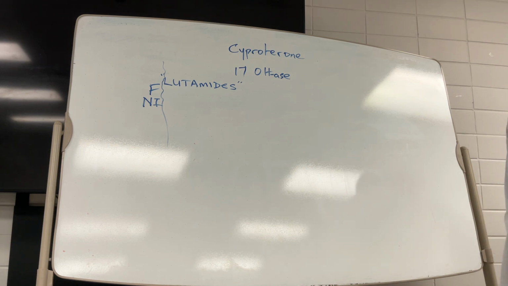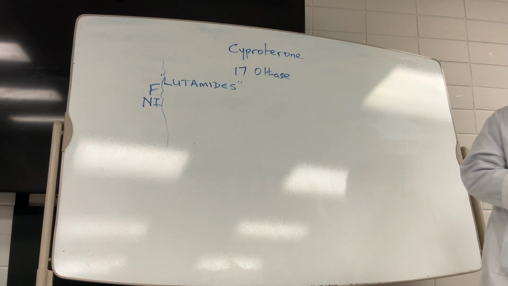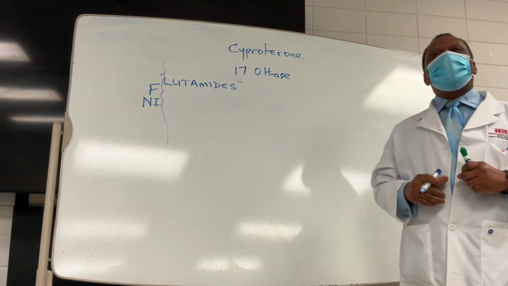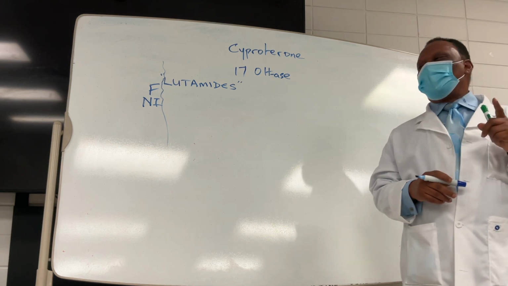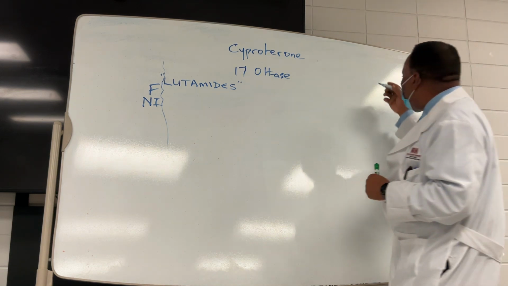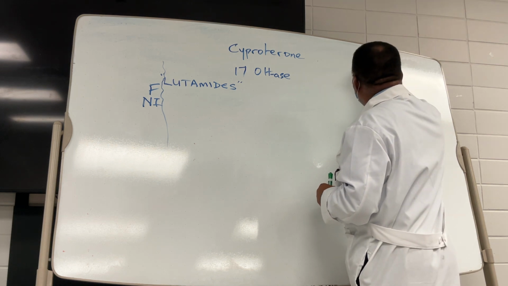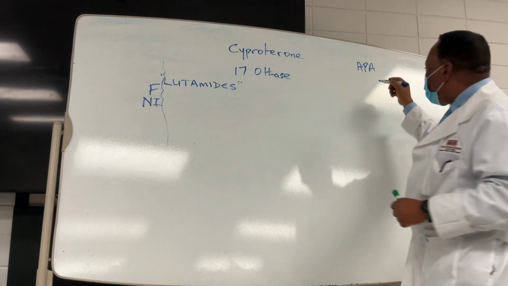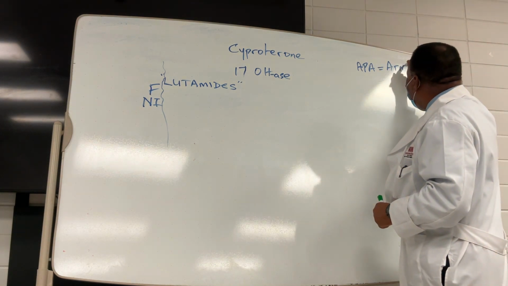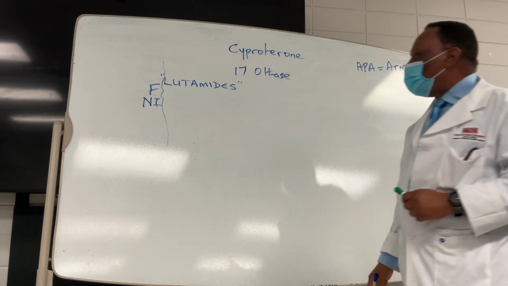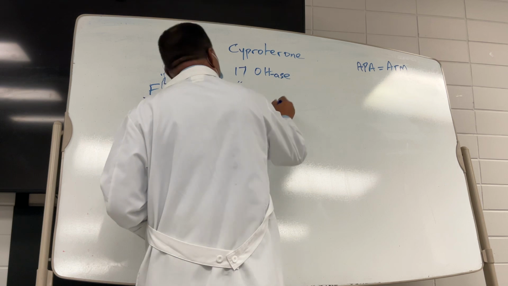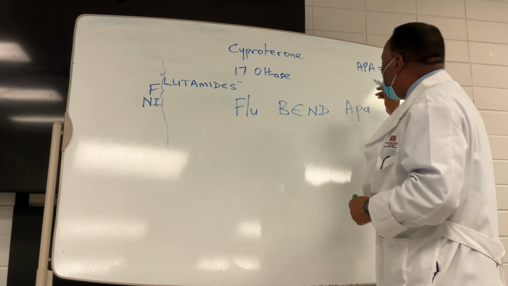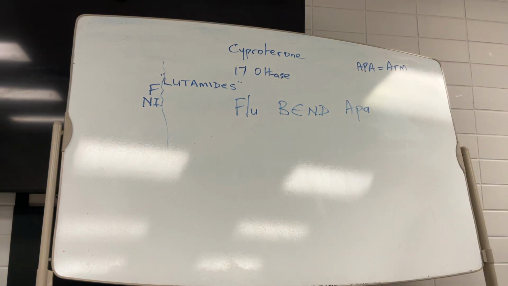So maybe I'll teach you one word in the Nigerian language. In Yoruba language, Apa means arm. Okay? So if you say that flu will bend your arm. Okay?